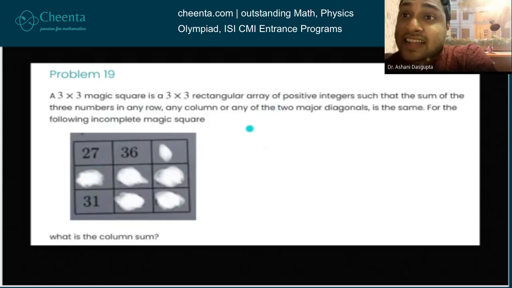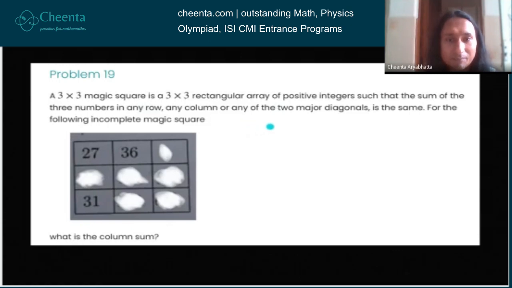That is what a magic square is, right? The sum of the numbers in the columns, the rows, and the diagonals are all the same. So let that number be S.